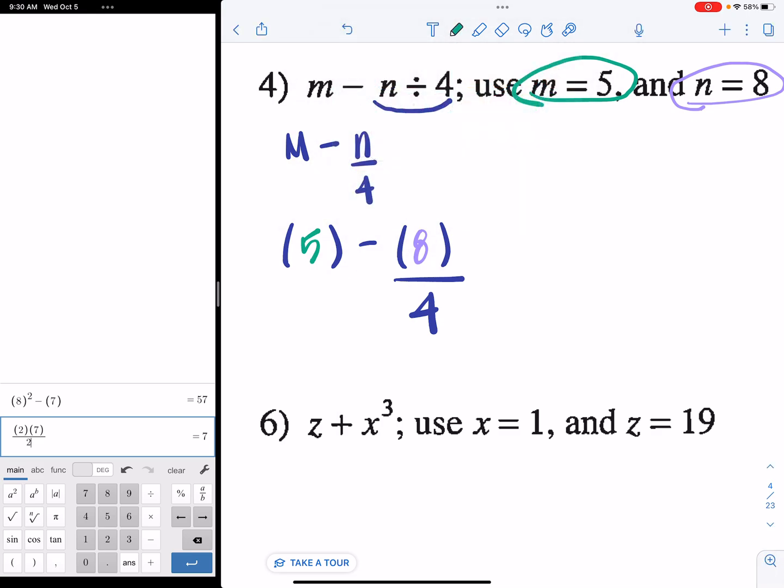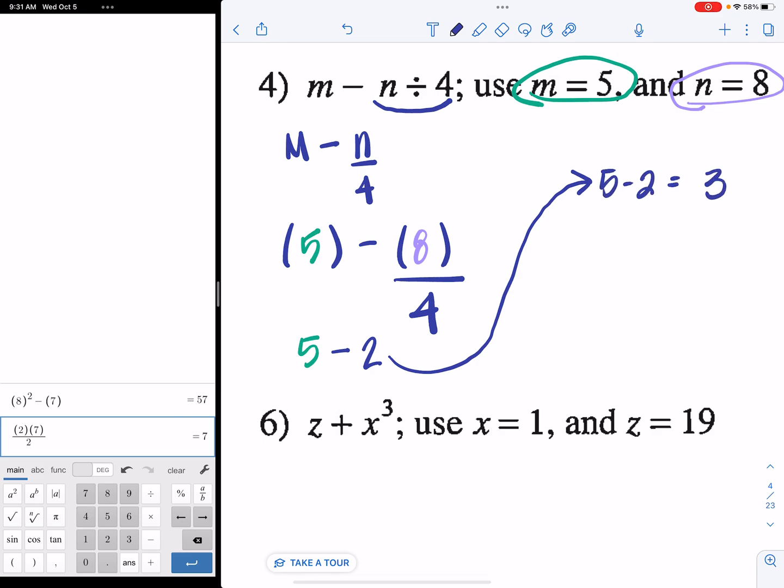I'm going to solve it by hand. I'm going to bring down the 5 because I don't have any operators with it. And I know that 8 divided by 4 is 2. Then I know that 5 minus 2 is 3. And that is the end of my evaluation process.